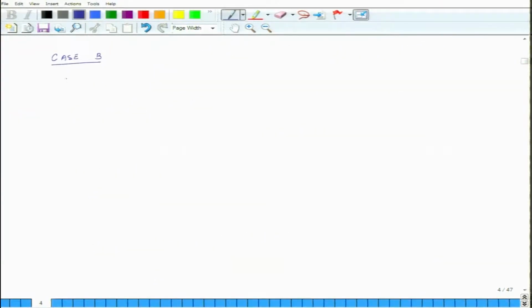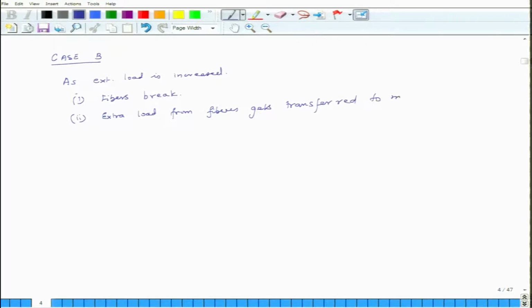So, in case B, as external load is increased, first, fibers break. Second, extra load from fibers gets transferred to matrix.